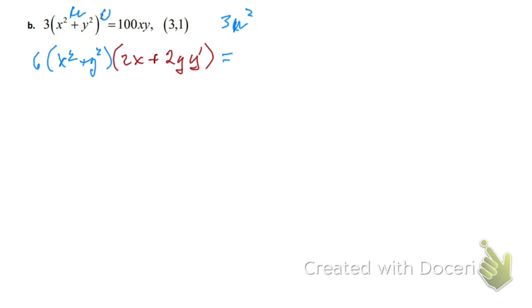On the right-hand side, I've got 100 times, we got a product rule going on. So I take the first thing, what's the derivative of y? Be careful. Y prime. So just y prime. Plus the second one, the y, times the derivative of x. So just y.